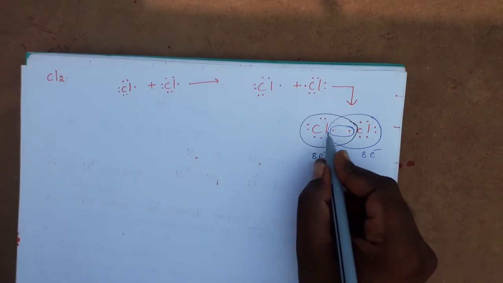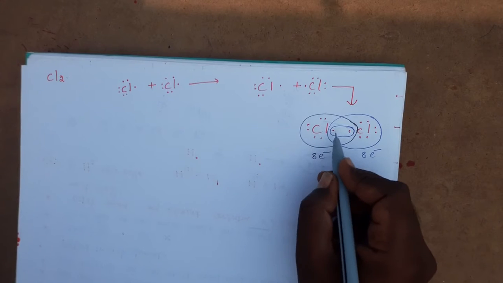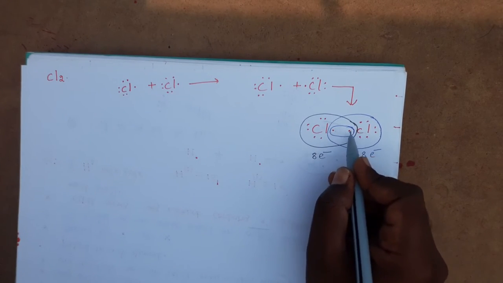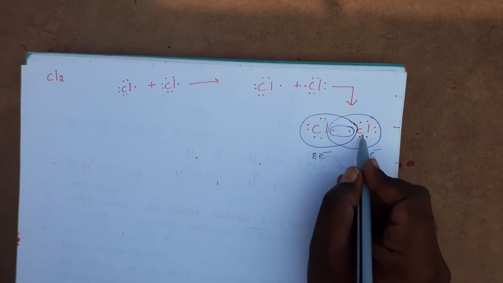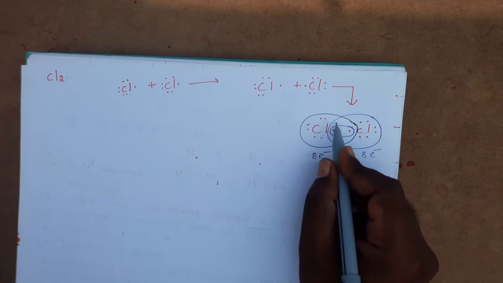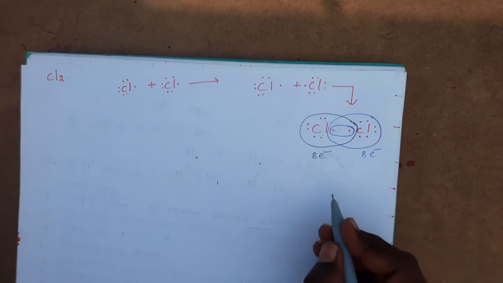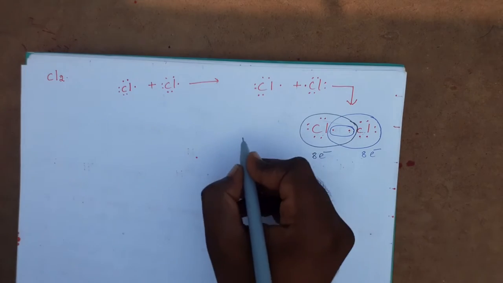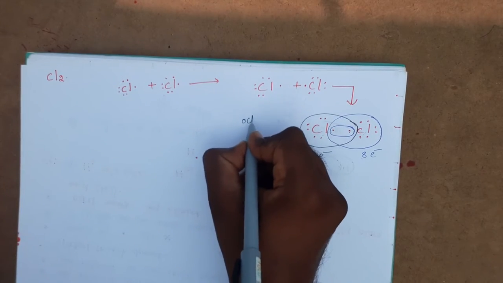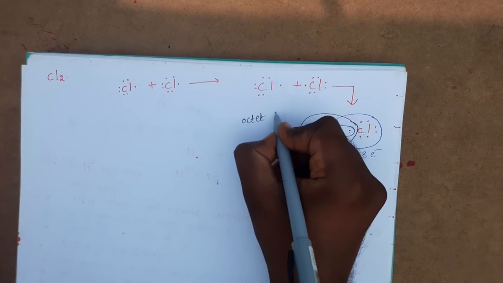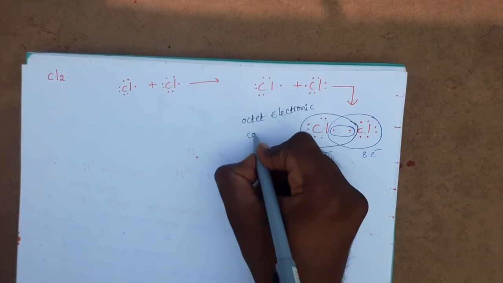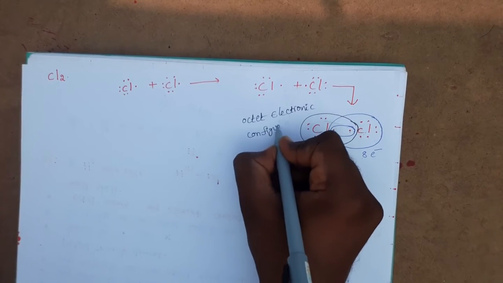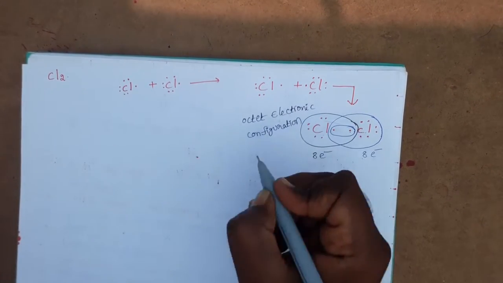Here one doubt arises in our minds: this chlorine contains 8 electrons and this chlorine contains 8 electrons, but these 2 electrons are shared between the 2 chlorine atoms. That's why each chlorine atom contains 8 electrons, and it follows the octet electronic configuration, children. This is the chlorine molecule.